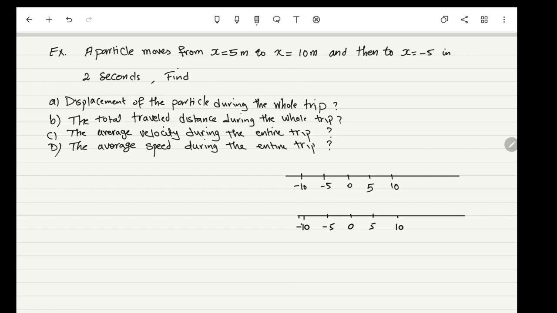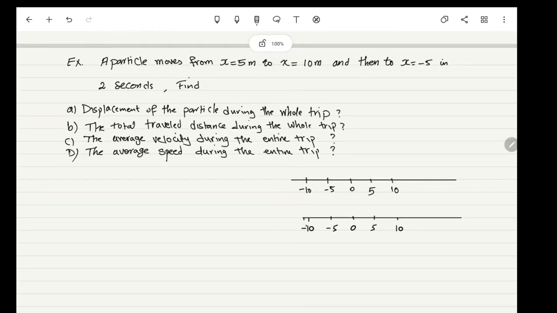Now, to solve this problem, we just draw this simple diagram here, and let's go back to the question. A particle moves from x equals 5 to x equals 10. So the starting point is this one here, and the particle moves from 5 to 10, so it moves this distance. So the distance d1 equals 5 meters. Now the particle moves back to -5, to this one here, so the final position is actually here.